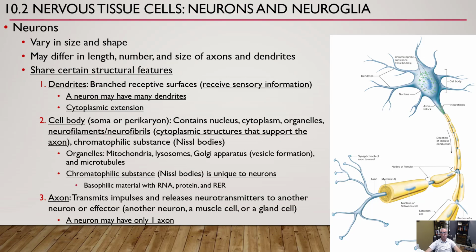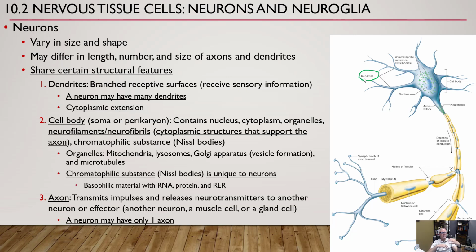All right, so neurons actually vary in size and shape. We have many structural features on the neuron. One common feature of neurons, actually several common features, is that we have these things called dendrites. Dendrites are what receive the information.